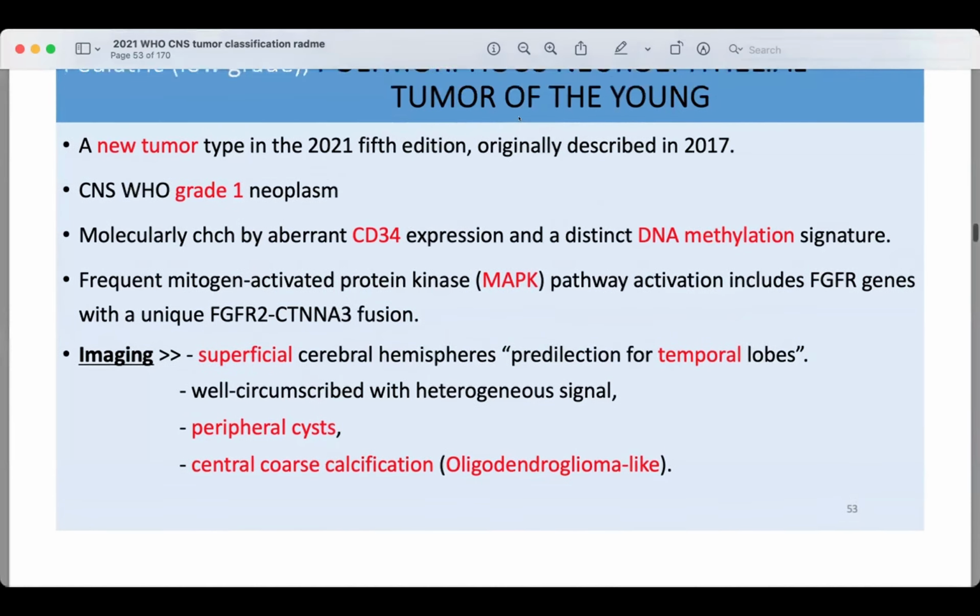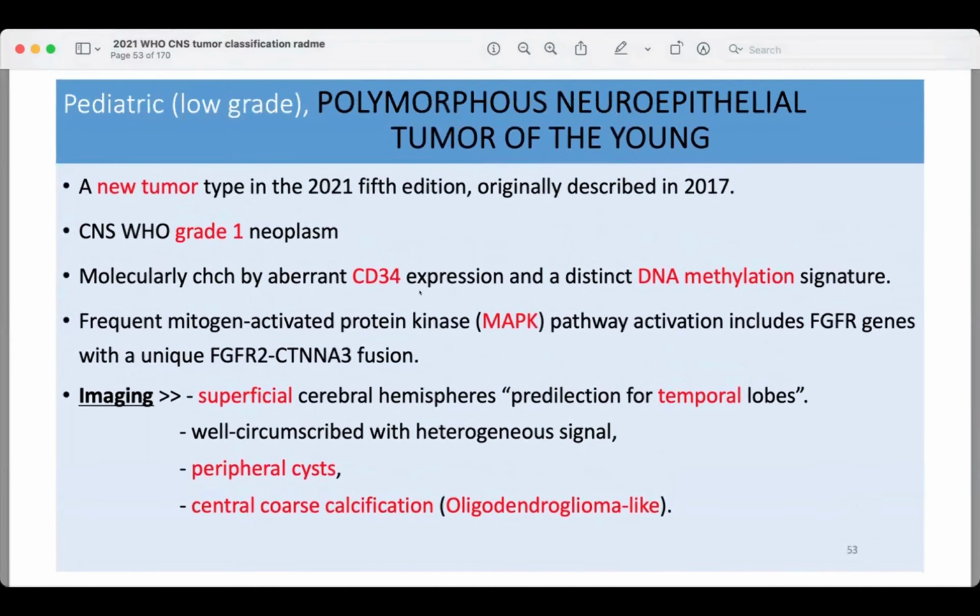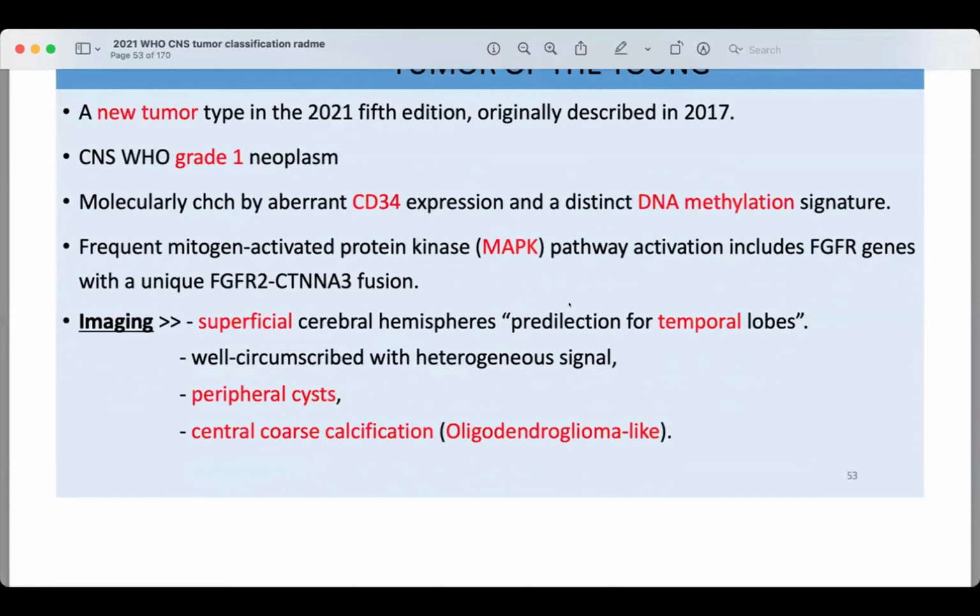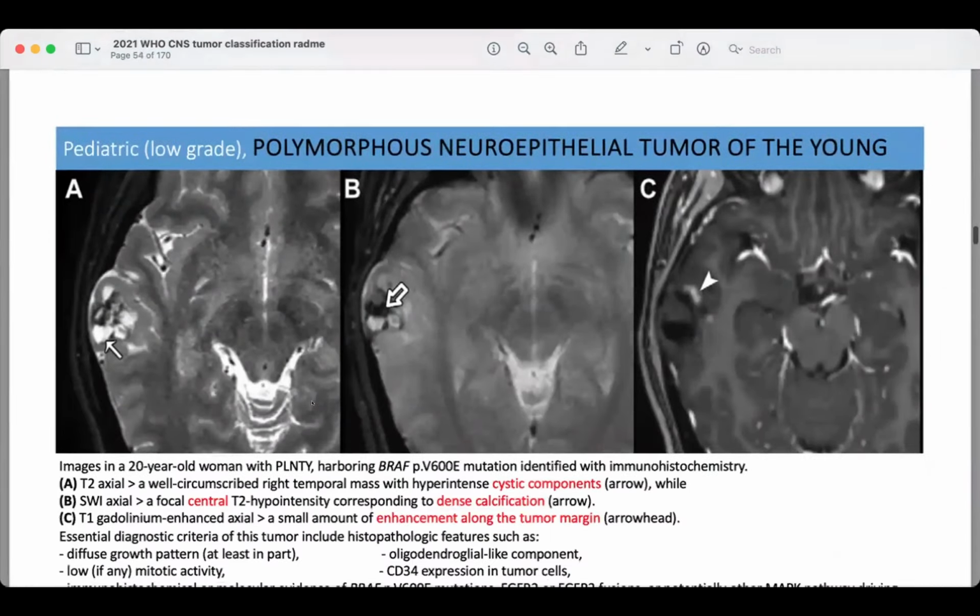And this polymorphous neuroepithelial tumor of the young has another genetic mutation and another molecular testing. So it is now very important to know the genetics and the molecular diagnostics of the tumors. You will reclassify them according to these features, not only the imaging.